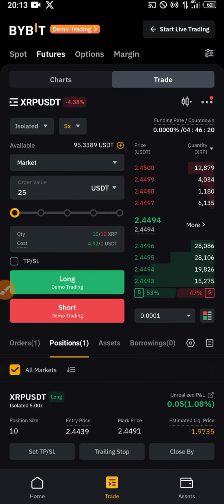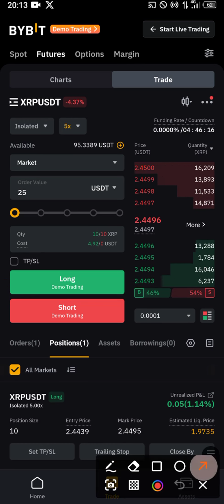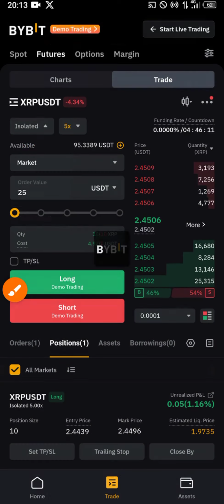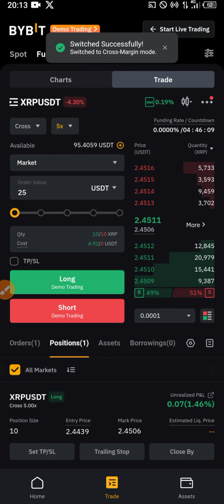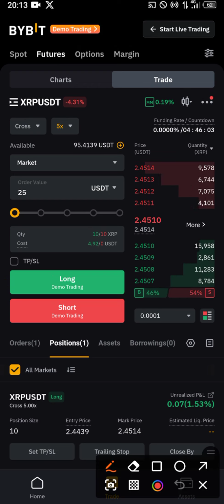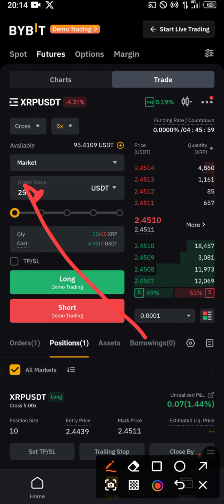So that is the max you can lose. But when you set your margin type to cross, that means you can use your whole balance to protect the trade, right? It is riskier. You can use all the balance here, all the 25 here. That's how much you are risking for the trade.